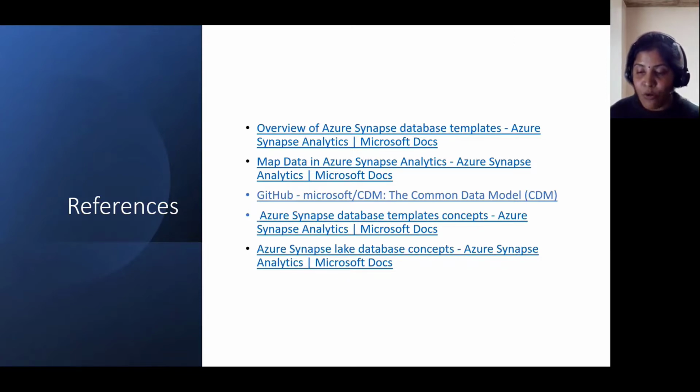All the other things that you can normally do, like build visualizations over that, or build machine learning models, or incorporate machine learning models into that lake database, you can pretty much do out of the box. They are based off the Synapse Analytics functionality that can be done over lake databases also.